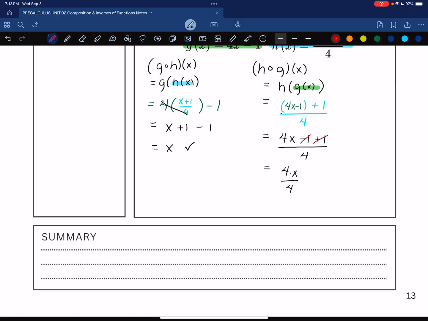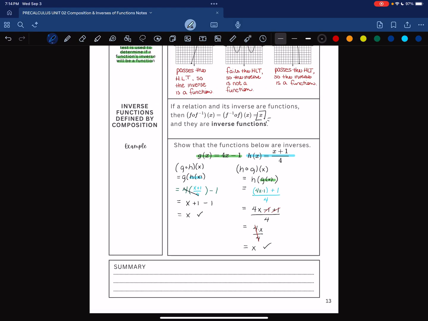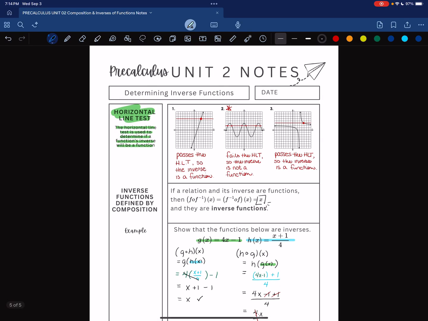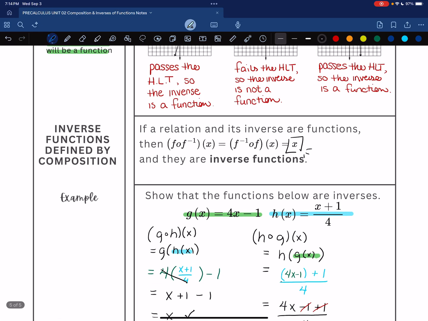That's the only thing that it's doing. It's multiplying with everything else in the numerator. So now we can simplify those. And it is just x. So they are inverses. G and h are inverses because the result of the composition each time was just x. So that is how you can verify two functions are inverses of one another algebraically.